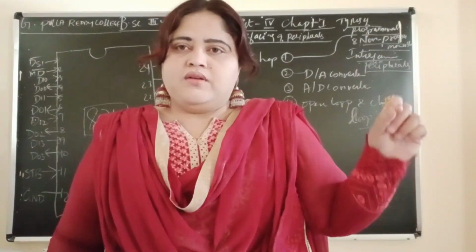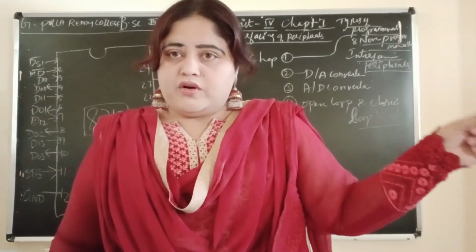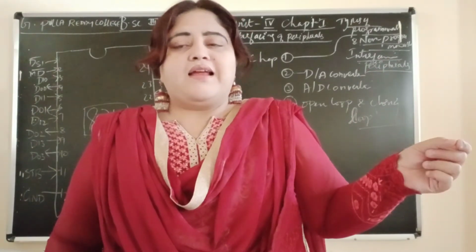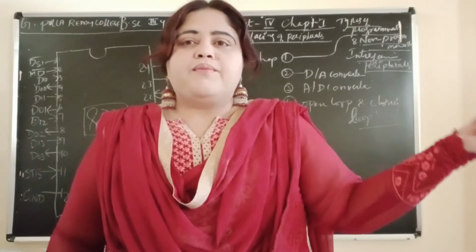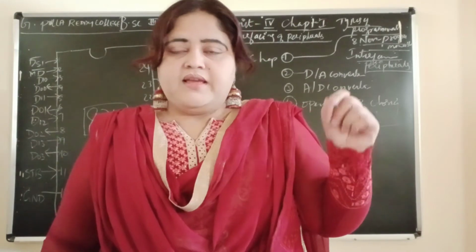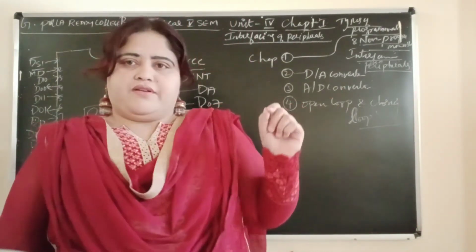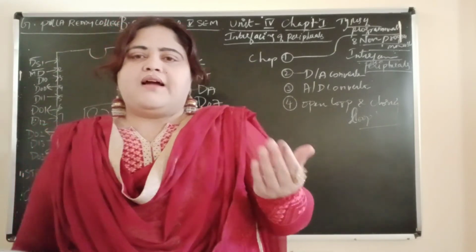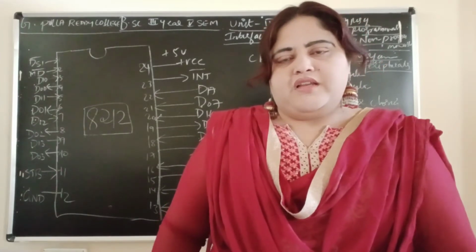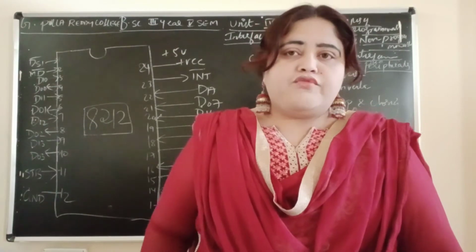Now the first chapter in this unit 4 is types of programmable and non-programmable interfacing peripherals. That means we can either program it, or we can use it without a program also. Those types of ICs are available in chapter 1, unit 4.